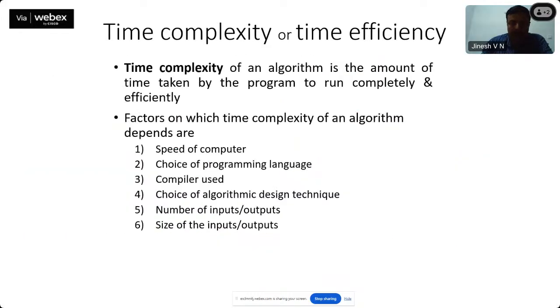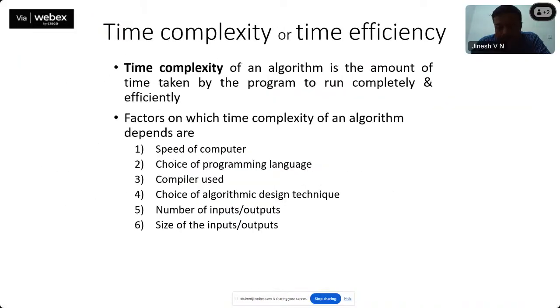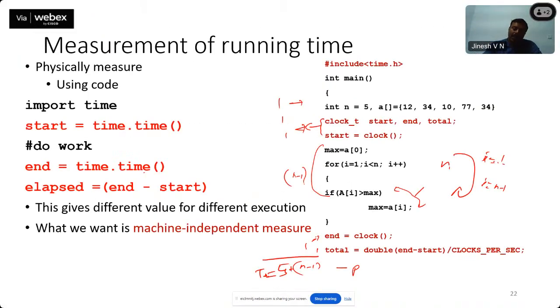Now try to connect with this. In this Venn diagram, in the innermost you can see P. That means any algorithm which is able to be represented using a polynomial, that is polynomial type. That kind of algorithm we generally call a polynomial type algorithm.